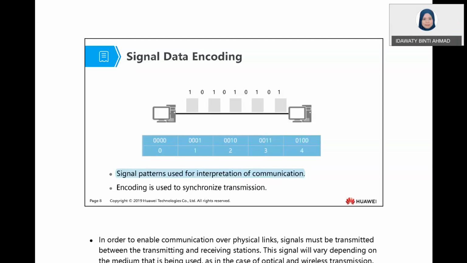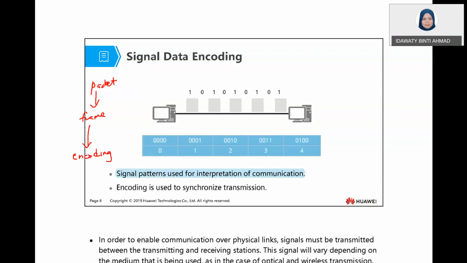Before I go to this part, I hope you know that when we receive a packet, before we transmit, we encapsulate it to become a frame. And from the frame, we do an encoding.